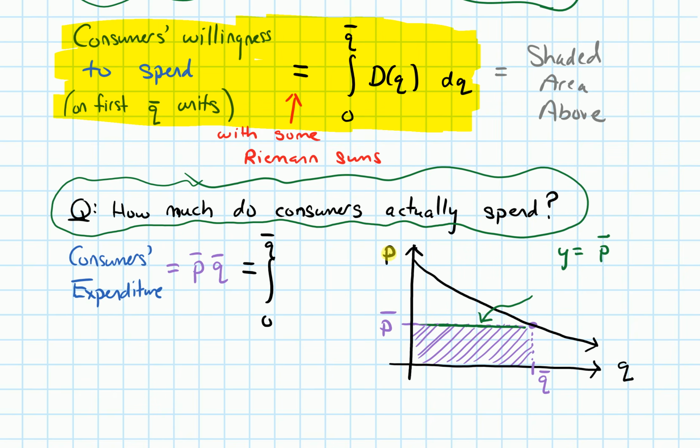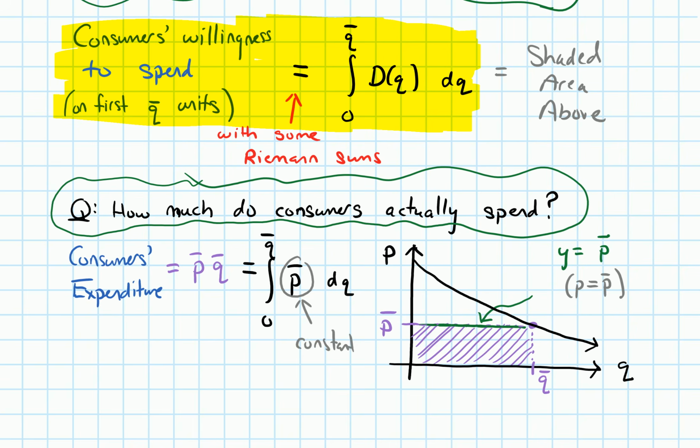I have P as the variable. So technically it would be P equals P bar. So when I plug that into my formula, I'm taking the area under P bar, whatever that number is, and this is dq. Q is my variable here. So in this integral formula, this number, P bar, that price, is just some constant.